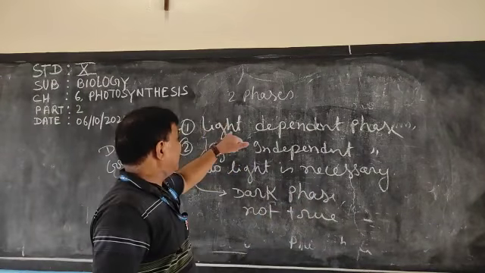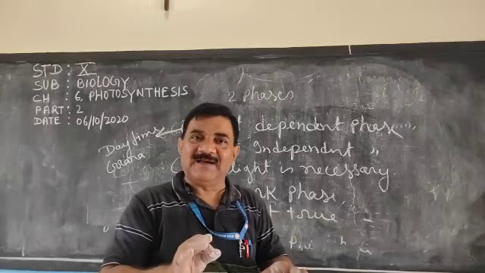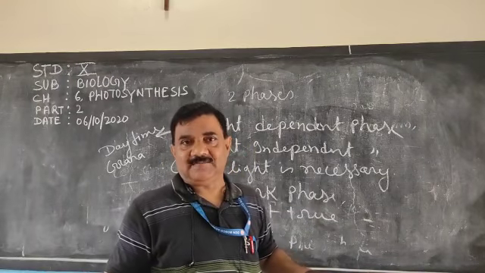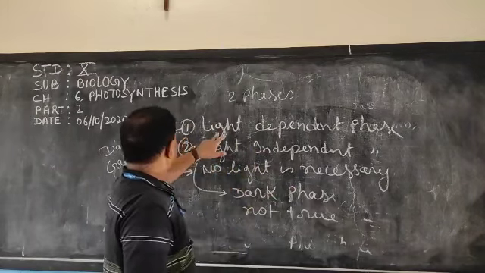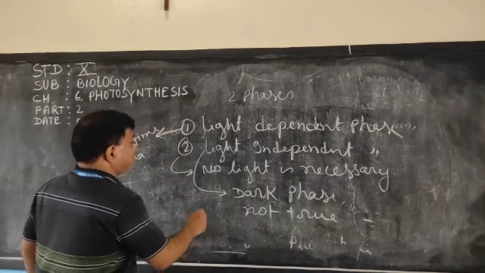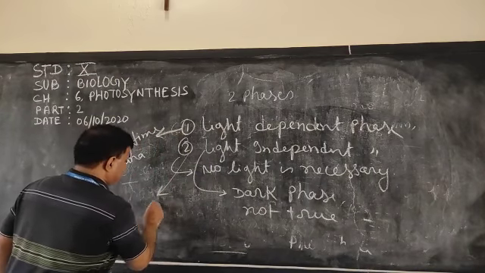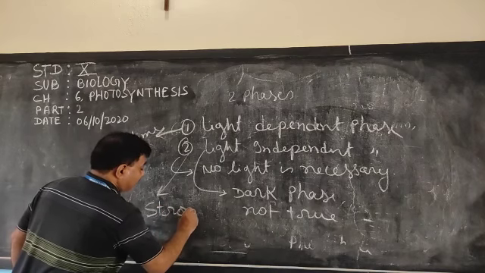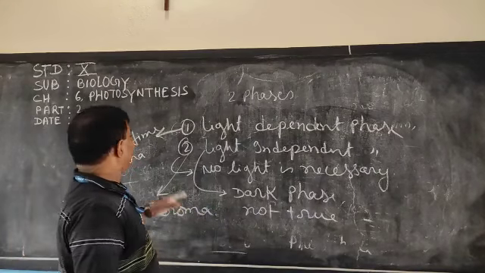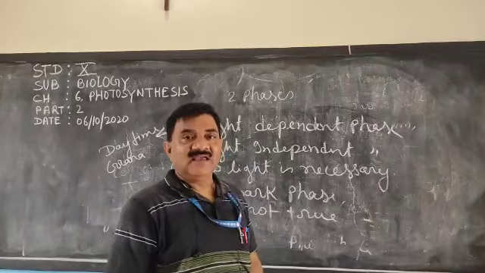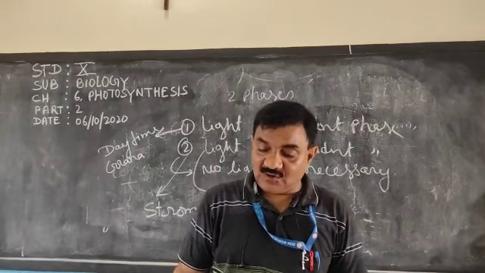But during night time, the light dependent reaction will not take place. This takes place in the grana, and this part, light independent, takes place in the stroma of the chloroplast.